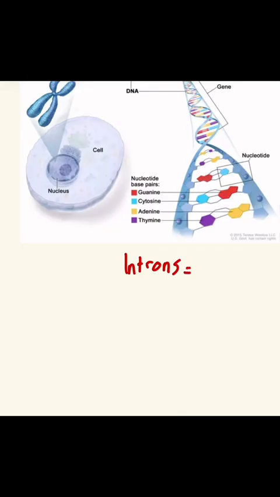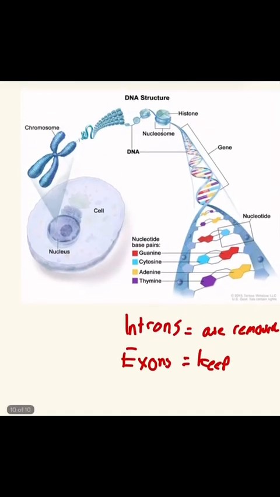So just for now, remember that introns are removed and exons we keep, right? That's talking more about protein synthesis, so we'll go through that again then. But for the moment, just be familiar with the general structure of DNA.